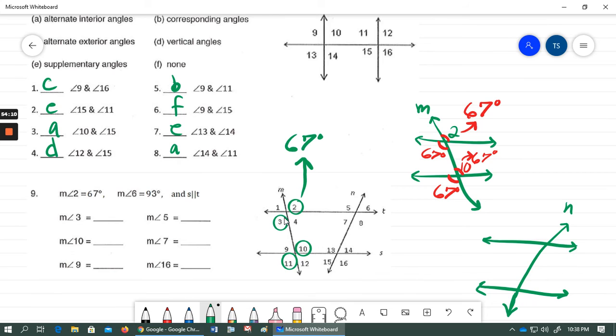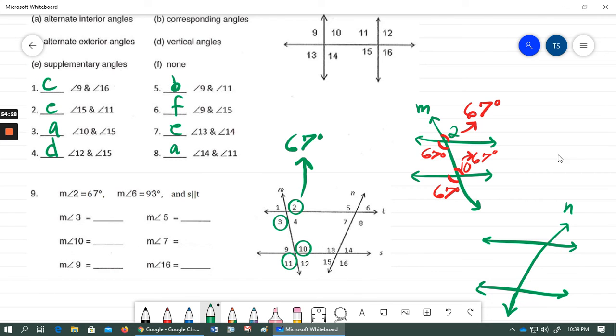Some of them because they're vertical angles, like angle 2 and angle 3, and some of them because they're corresponding angles, like angle 2 and angle 10, right? Okay, great.